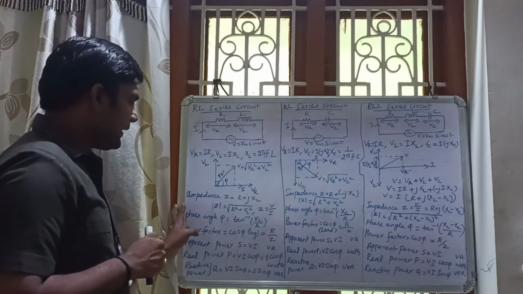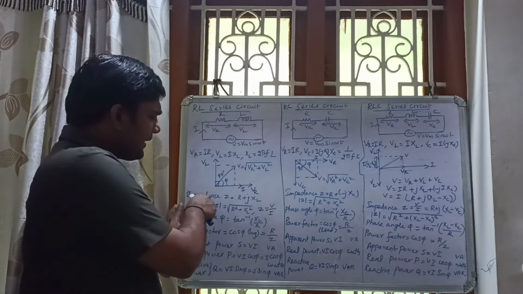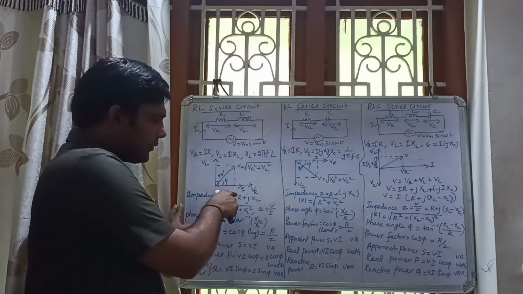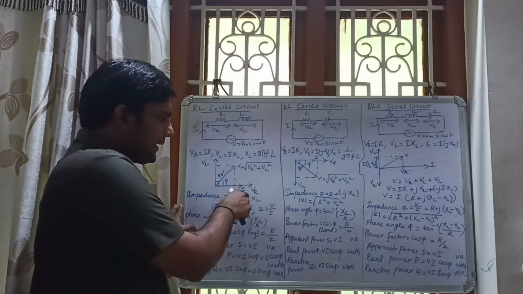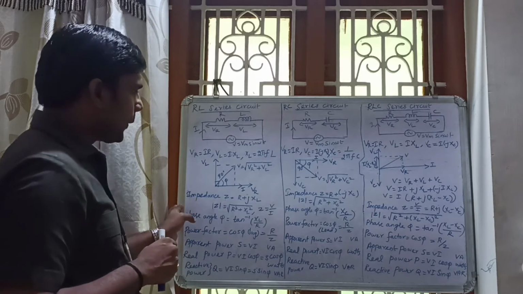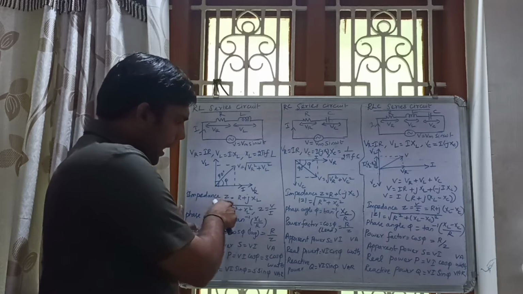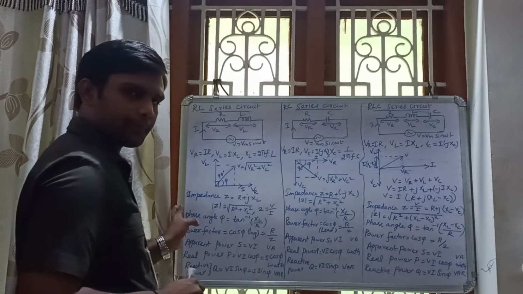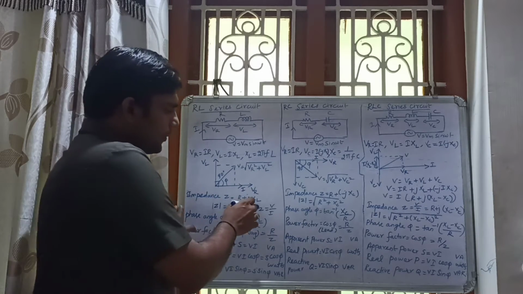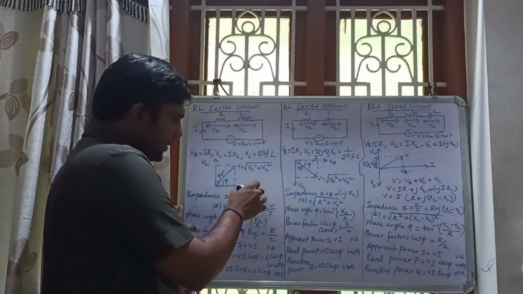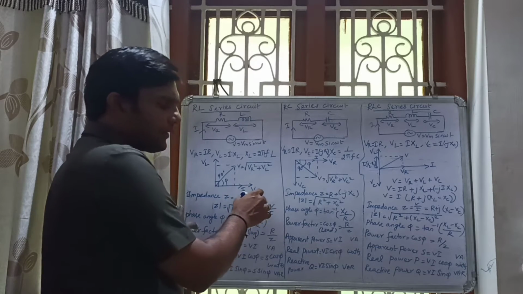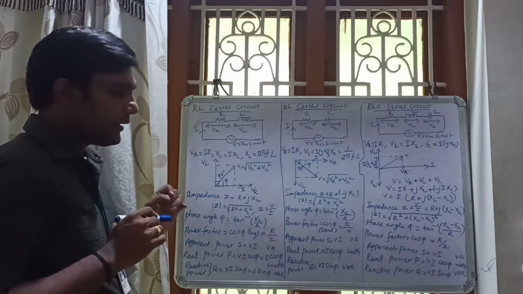Then see here the impedance Z is equal to R plus jXL. If you are taking modulus, root of R square plus XL square. So here impedance Z is equal to V divided by I. Got it?